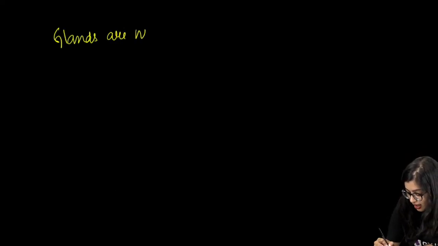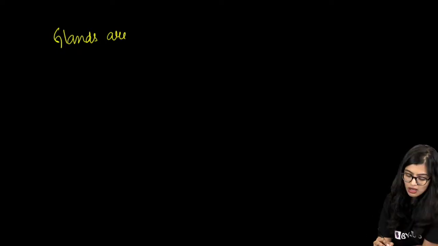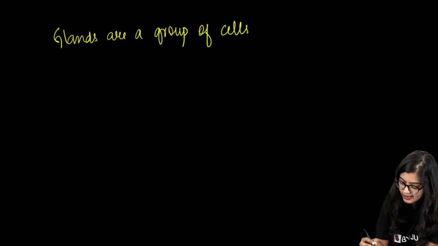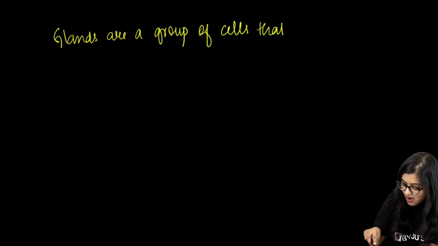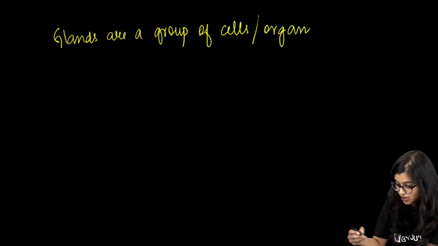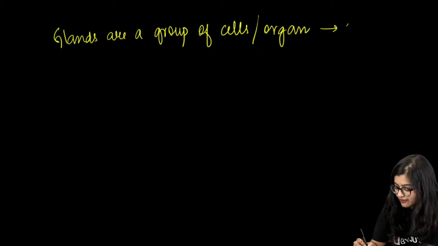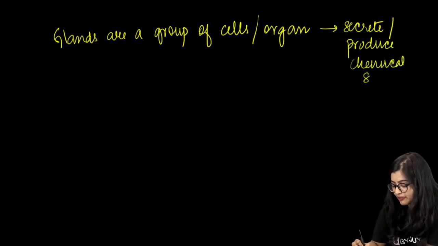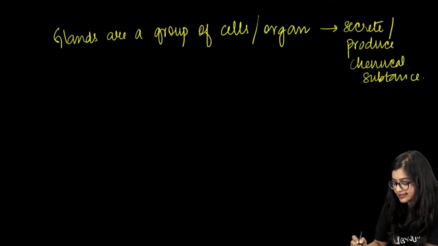Glands are a group of cells, or it could be an organ, which means a larger structure, that has the ability to secrete, or produce, some chemical substance. We'll make it easy. So this is what we understand as a gland.